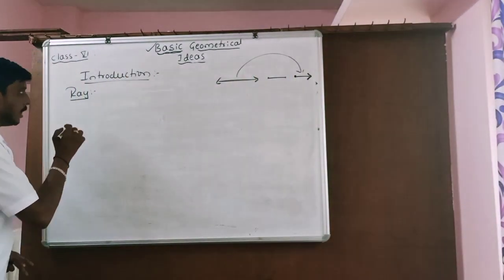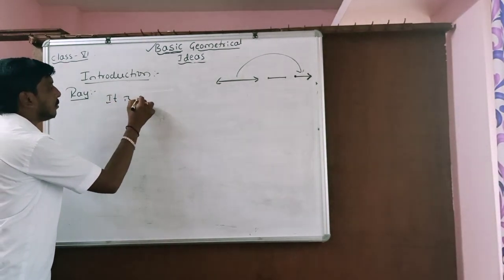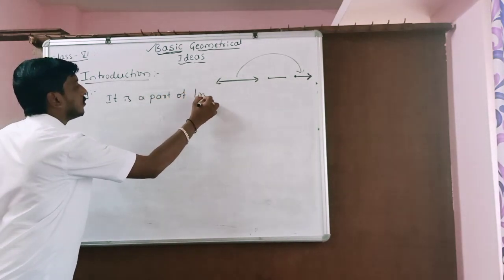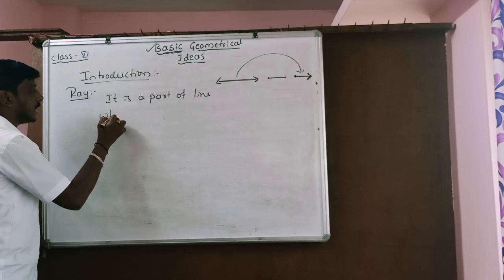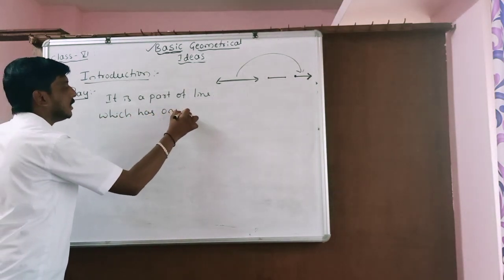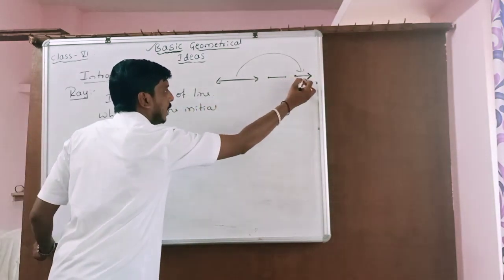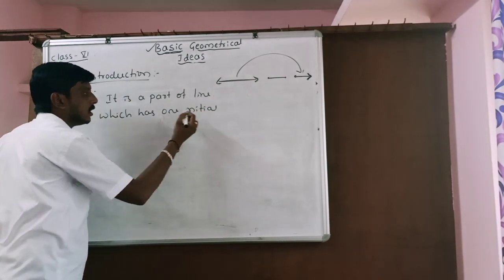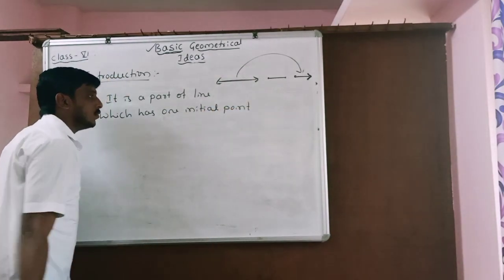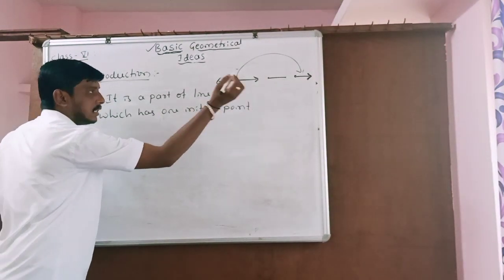What do you mean by ray? It is also part of a line. It is a part of a line which has one endpoint, one initial point. This is the initial point, and the other point is endless.